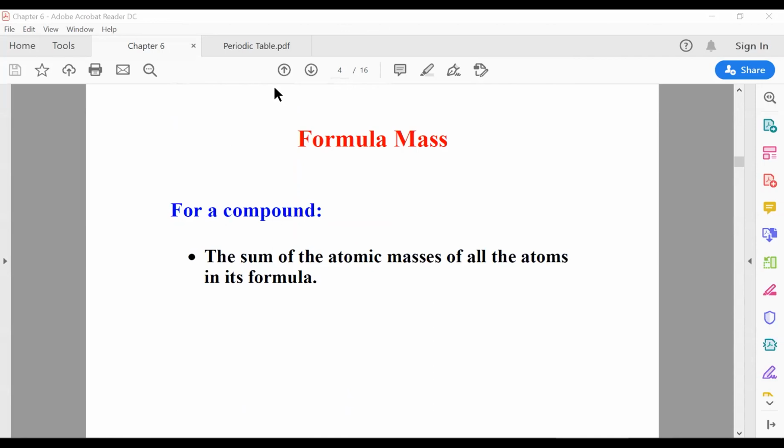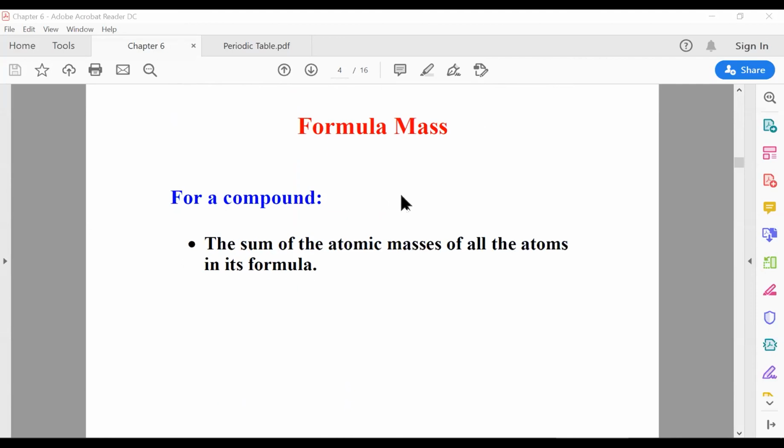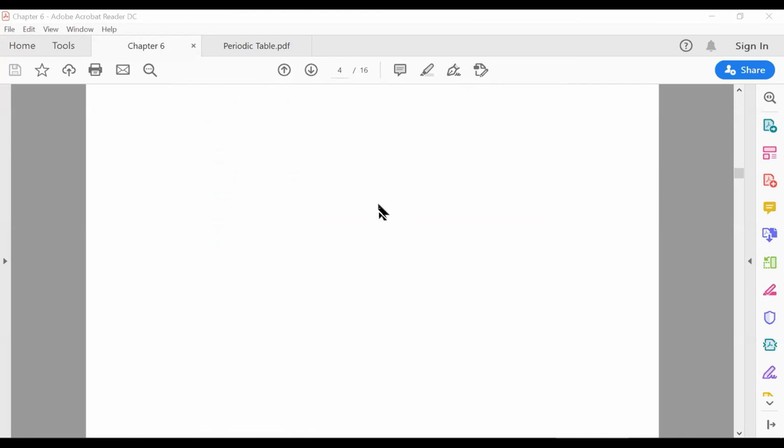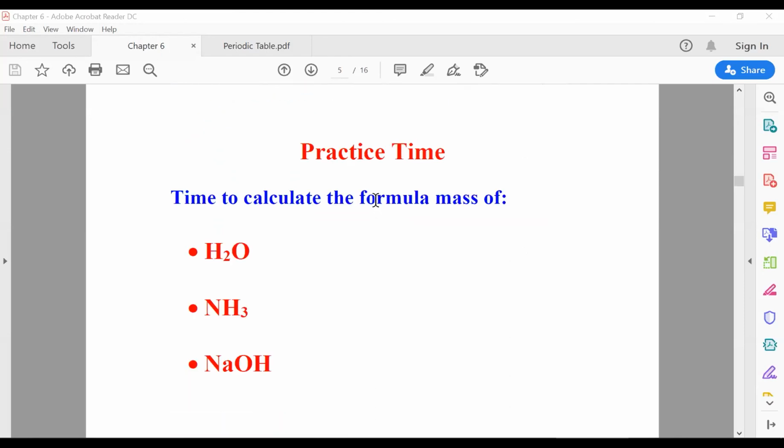Now, here I have formula mass. Another way of saying it, which I normally do, is atomic weight. And for a compound, you should know that the sum of atomic weights or masses of all atoms is the atomic weight of a compound. And let's do some practice.